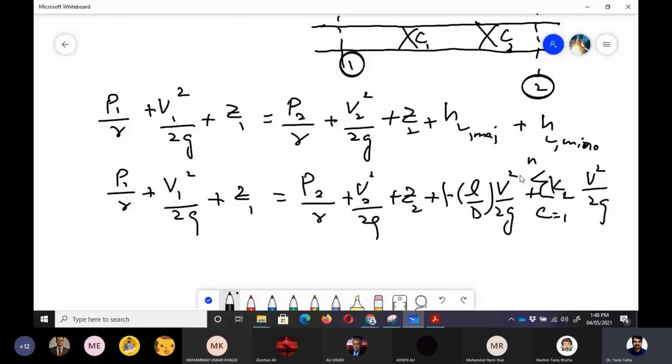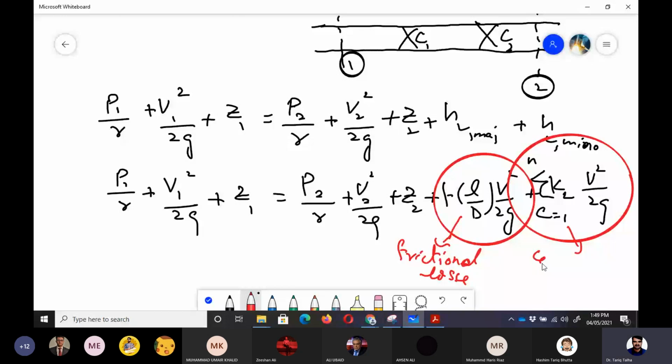So it means that the losses in that pipe would be due to one component, that is friction, the frictional losses, and the second one is due to components, or discontinuity in flow.